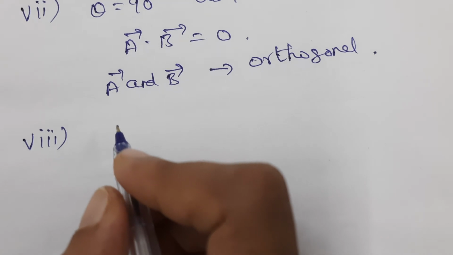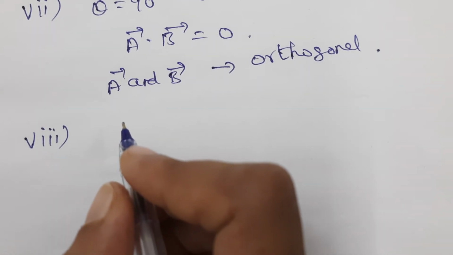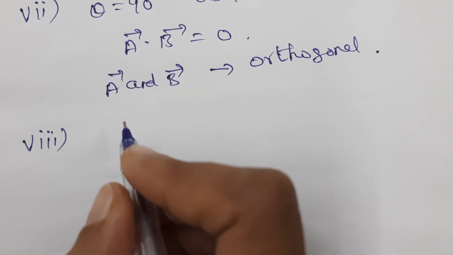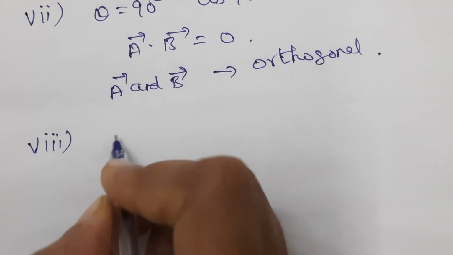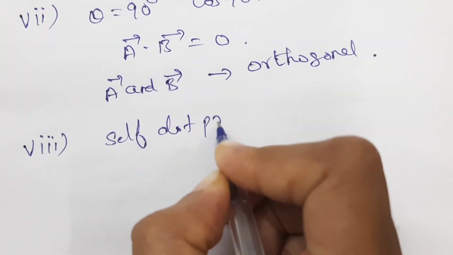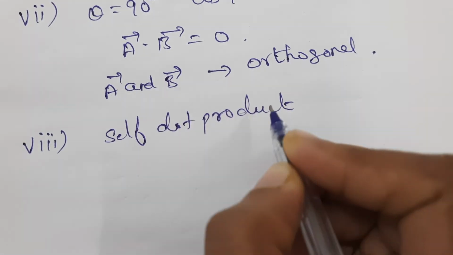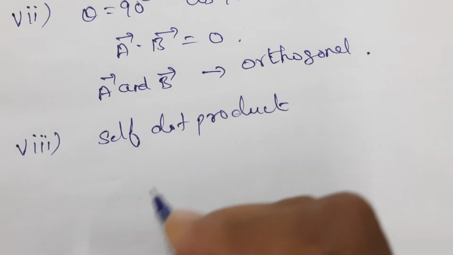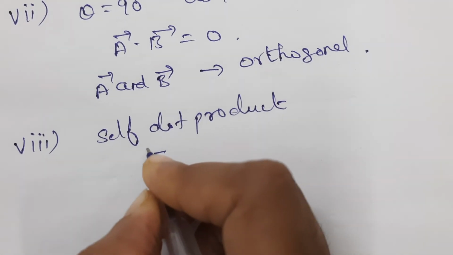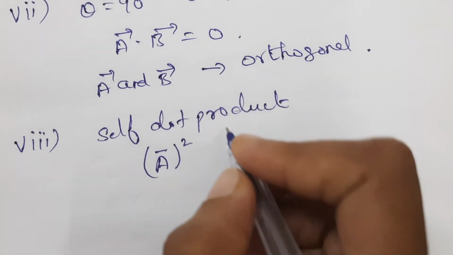The scalar product of a vector with itself is termed as self dot product. Self dot product. That means given by A vector square.